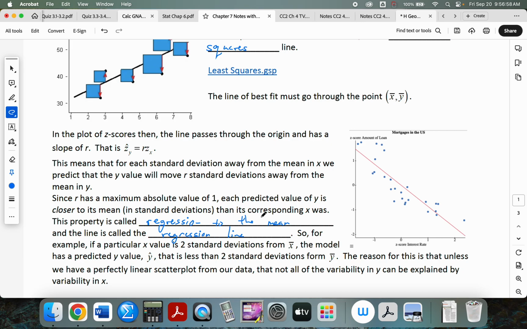The way they use it in sports, if someone has a really good game one week, you can almost always predict that the next game will be closer to the mean, to what they do on average. You score 70 points in a game and that's way above your average, the next game is going to be a lot closer to the mean. And they say that's regression to the mean. That's not really what it is, but it kind of just makes sense.